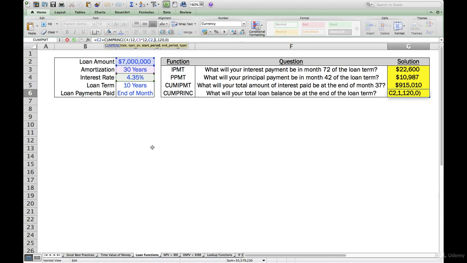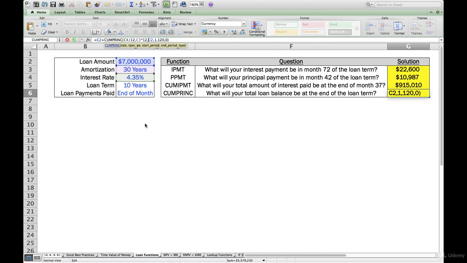We could make this more dynamic, so we could say 10 years times 12, and that'll give us the same result. But for now, we're going to make this static just so it's easy to see. So we've got a start period of 1 and an end period of 120. So the first 10 years of the loan, how much are you paying down?